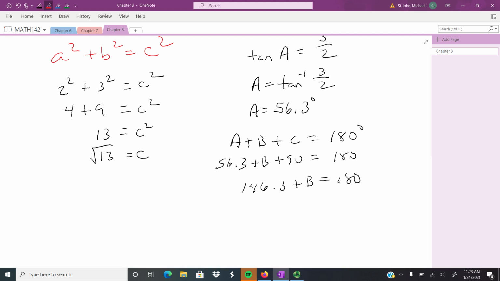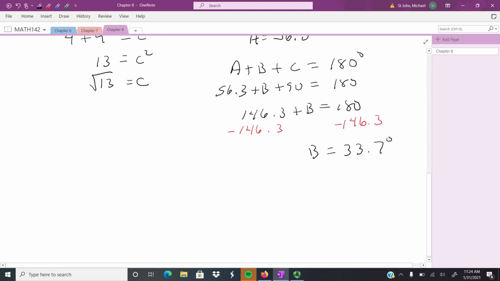And then we could just subtract. And angle B is going to be 33.7 degrees. So we found what we were looking for.